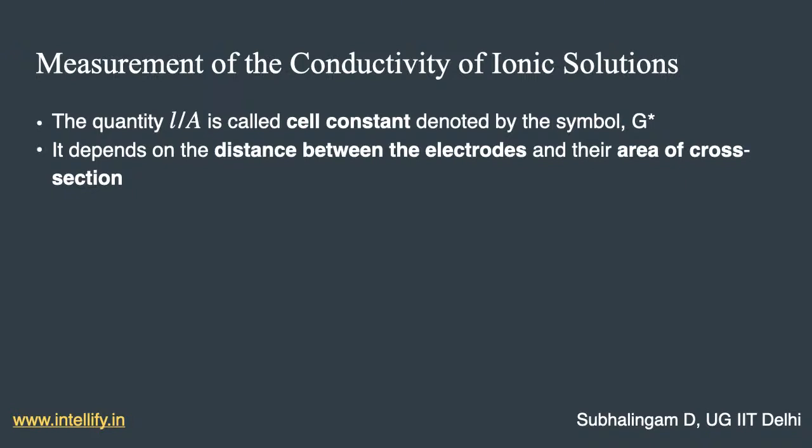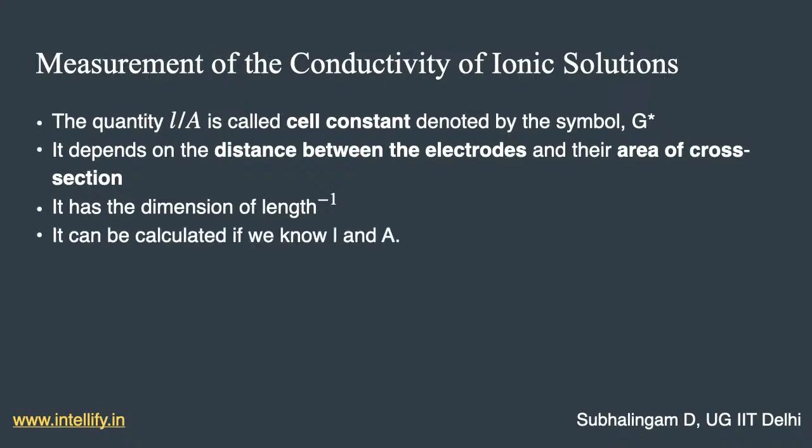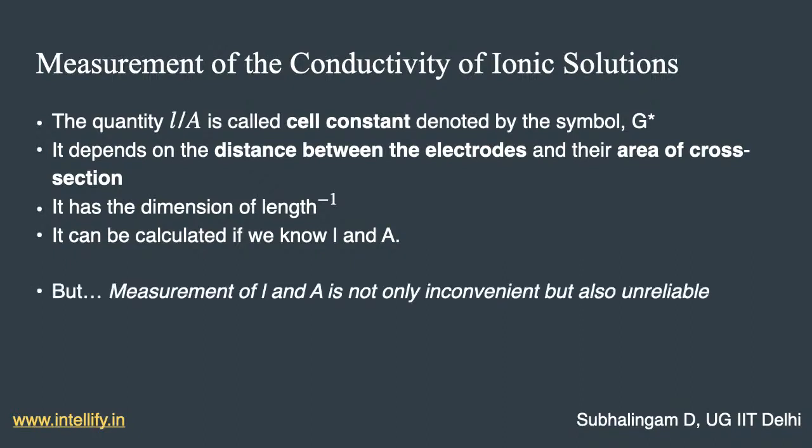Since G* is L/A, it has L and A, so it should depend on the distance between electrodes, that is L, and the area of cross section, that is A. It has a dimension of length inverse, which you can get from the expression G* = L/A. It can be calculated if we know L and A.